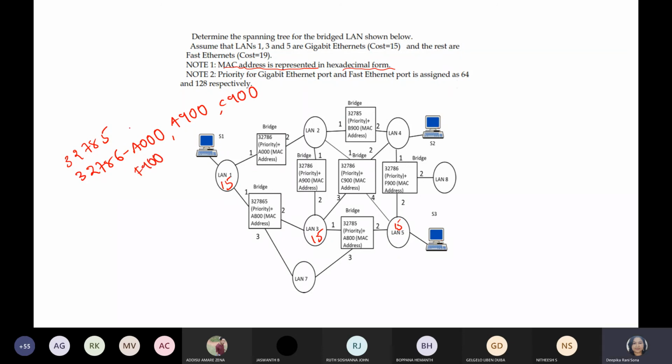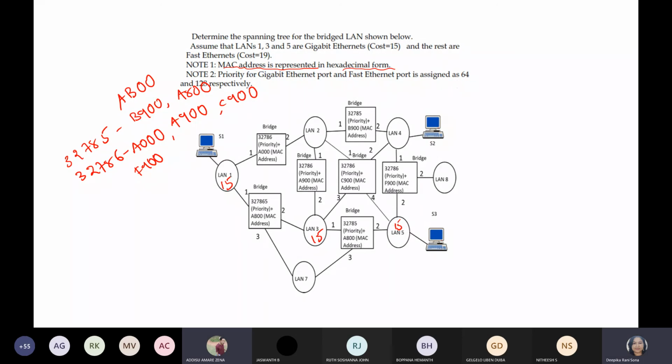Okay, then we have to move for the 32785 case. This is B900, then A800, then AB00, one more AB00. Okay, fine. How many switches are there? 8 switches. 7 switches are there.